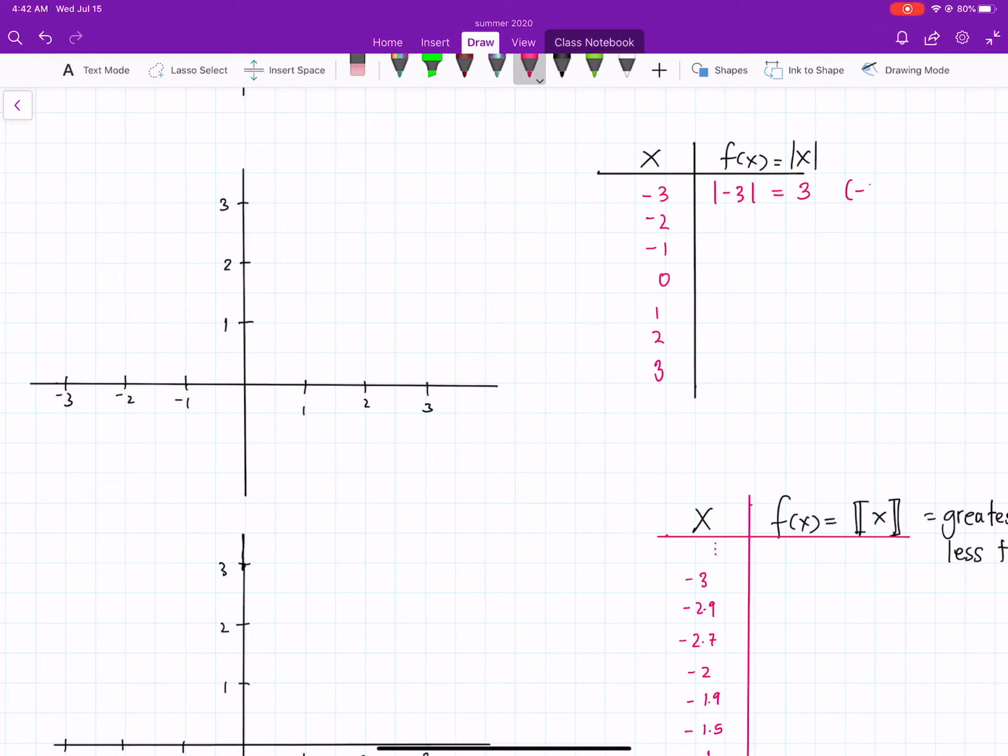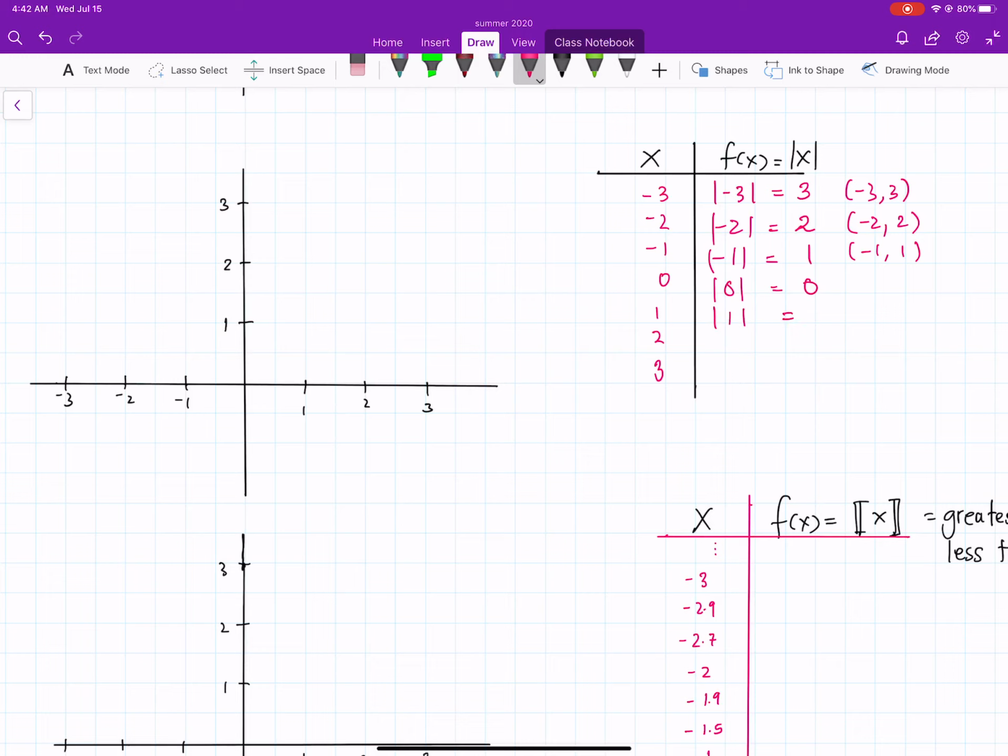So you have -3, 3. Absolute value of -2 will become +2. So you get -2 and 2. Absolute value of -1 will become +1. So that becomes -1 and 1. 0 becomes 0.